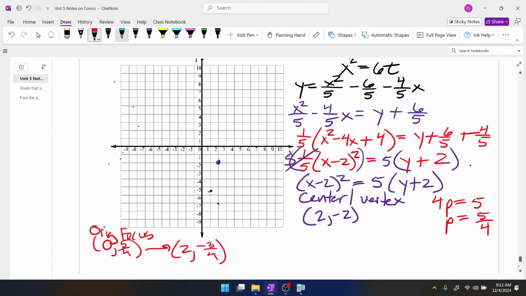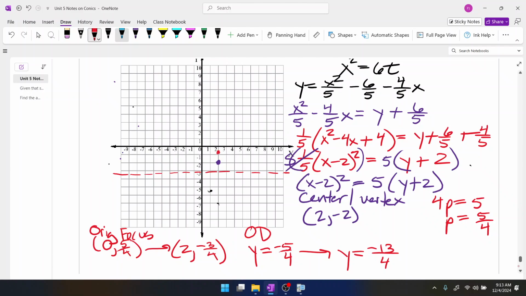And the original directrix was y equals negative 5/4. But since we moved that down by 2, it's now going to become y equals negative 13/4, which is basically negative 3 1/4. And it'll look just like this.